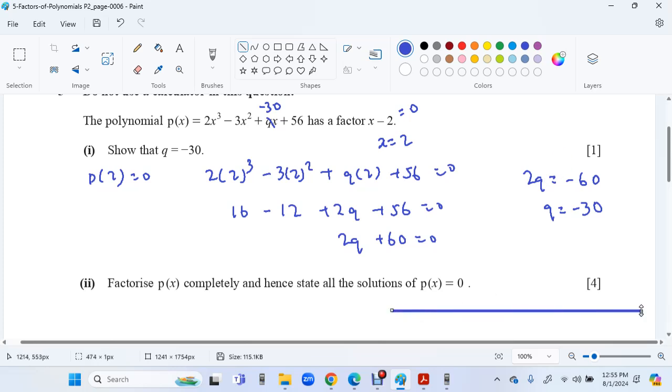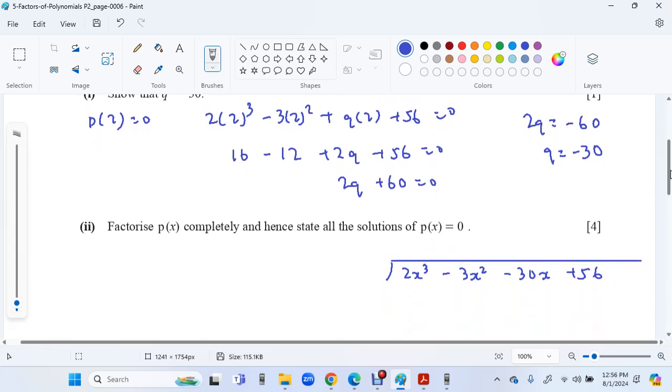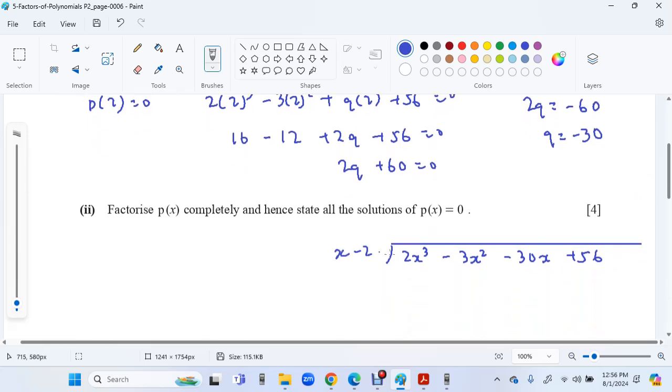So we do the long division here. We have 2x cubed minus 3x squared minus 30x plus 56 divided by x minus 2. Then this is the 2x squared, 2x cubed minus 4x squared. And then we have negative 3 plus 4.